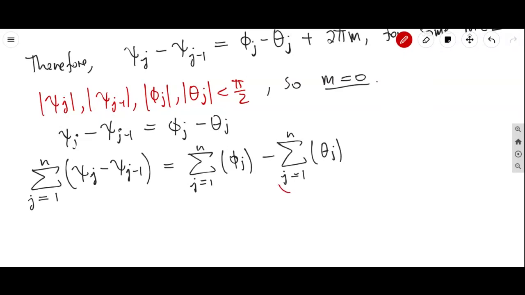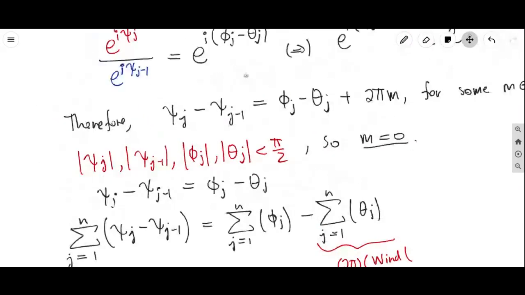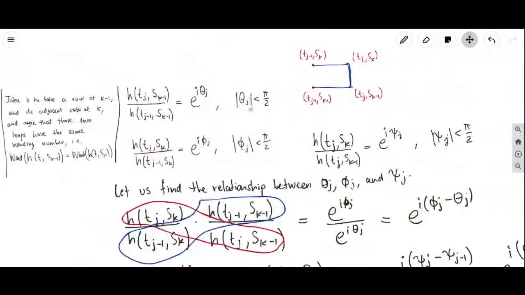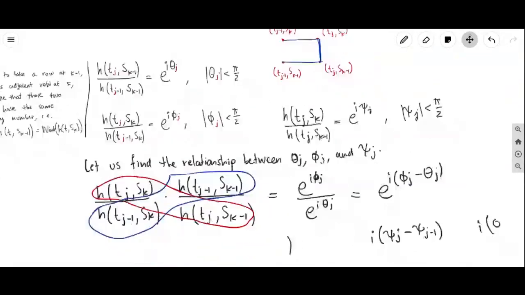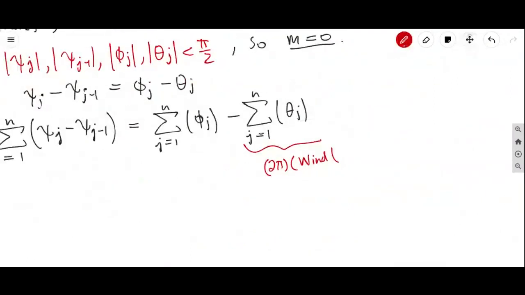Now this, by definition, is 2 pi multiplied by the winding number of, so what was this theta j? You have to go back all the way here: the theta j were the angles chosen when you're on the k minus 1 level. So that would be the winding number for the closed path in the interpolation on the k minus 1 level.